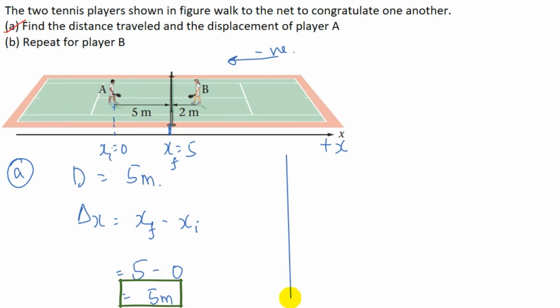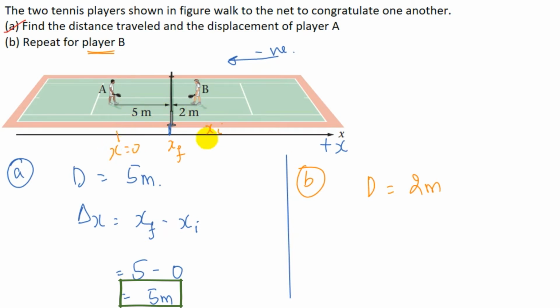Now next we have to solve the B part. Now in the B part, we have to repeat the problem for player B. So the distance for player B would be 2 meter. Clearly it is visible in the figure. Now displacement, initially we have taken that this is our origin, x equals 0.